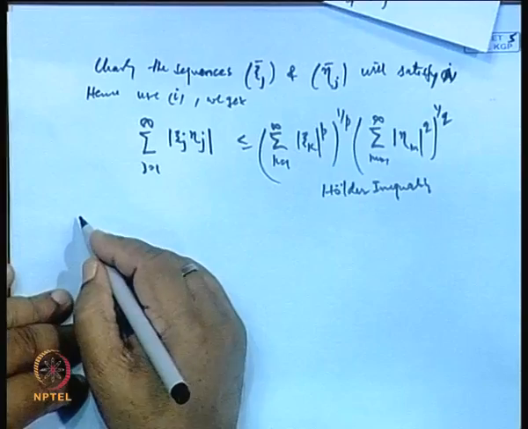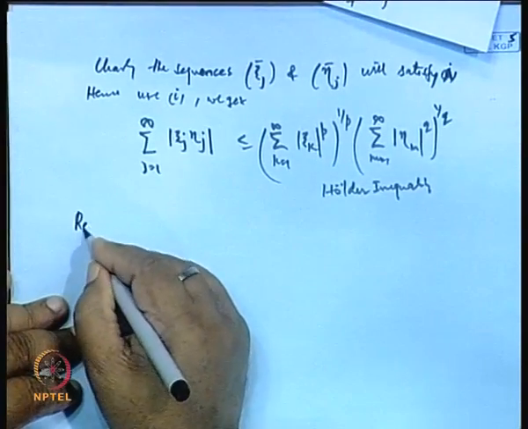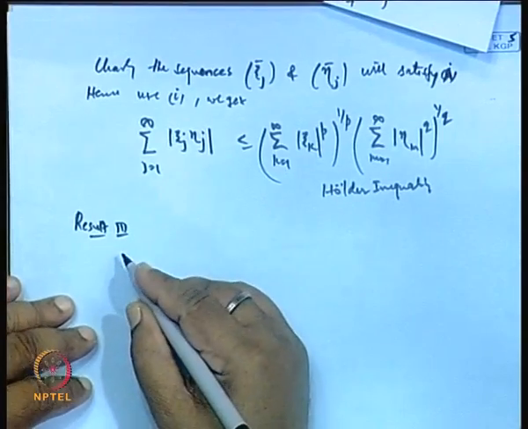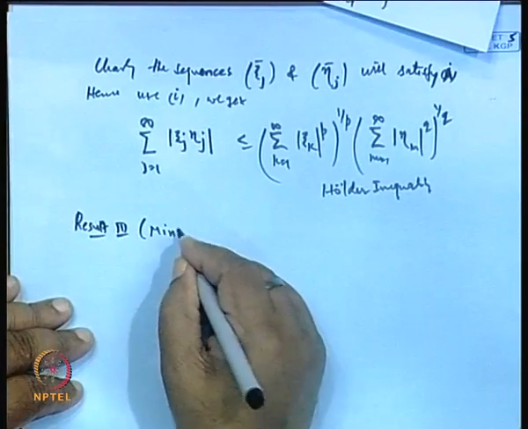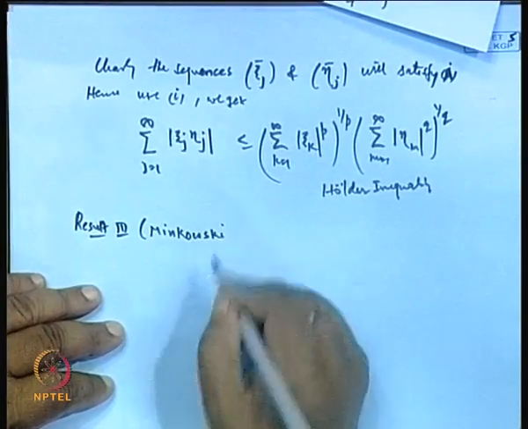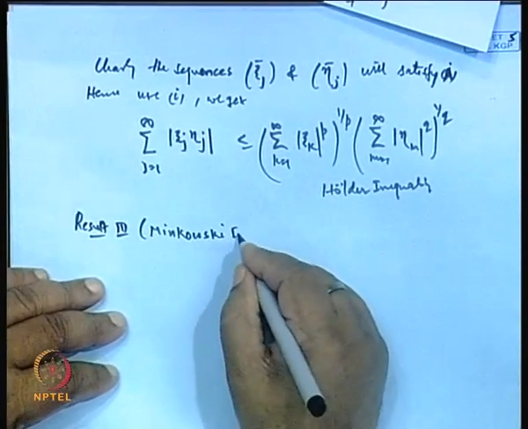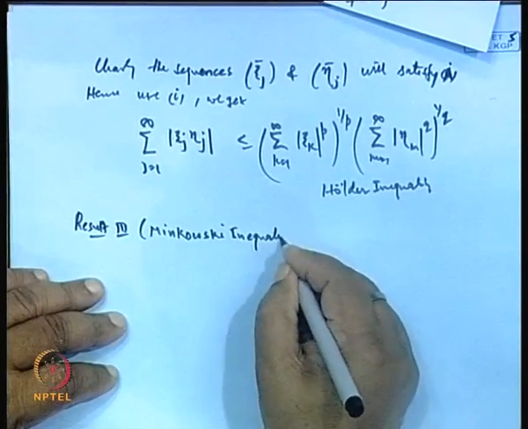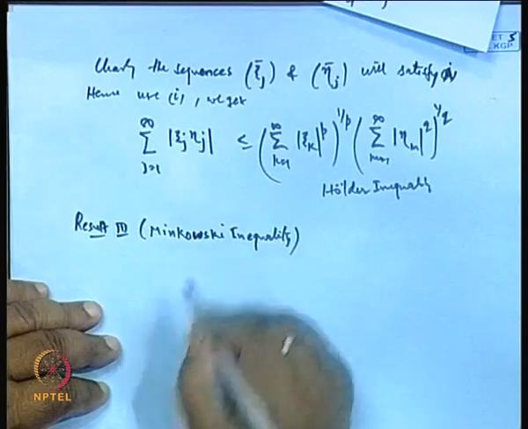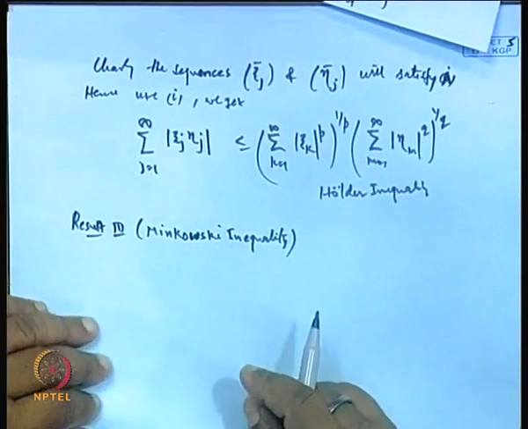Clear. Now, the next result, which is the third, is the Minkowski inequality. Okay, Minkowski inequality.